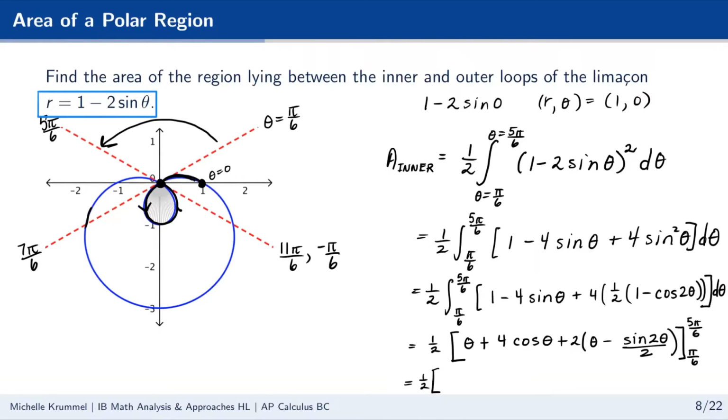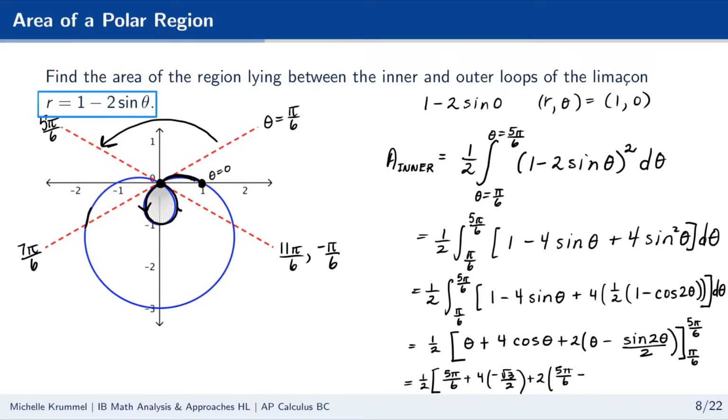Equals 1/2. Then we sub in that upper bound, so 5 pi over 6 plus the cosine of 5 pi over 6 is negative root 3 over 2. So 4 times negative root 3 over 2 plus 2 times 5 pi over 6 minus the sine of 5 pi over 12. No, 5 pi over 3, sorry, multiplying by 2.